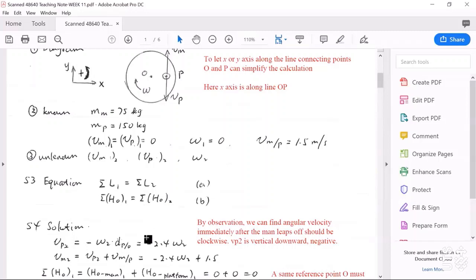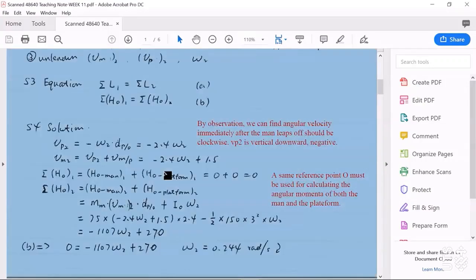So that's why before 2.4 omega 2, there is a negative sign. Vm2 can be calculated using Vp2 plus the relative velocity of this man to the platform. So that's negative 2.4 omega 2 plus 1.5.